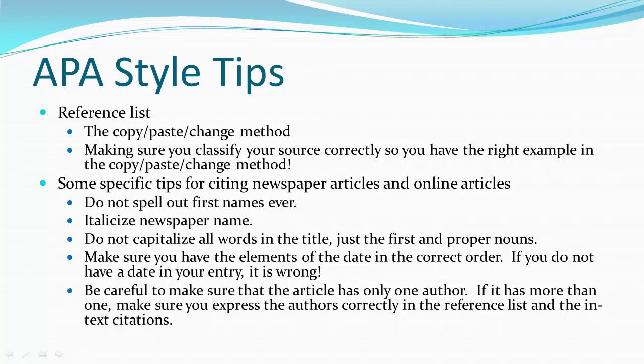If there's more than one author, there are pretty complicated rules for how that in-text citation looks. So you'll want to go to the OWL and take a look at what they suggest for works with many authors.